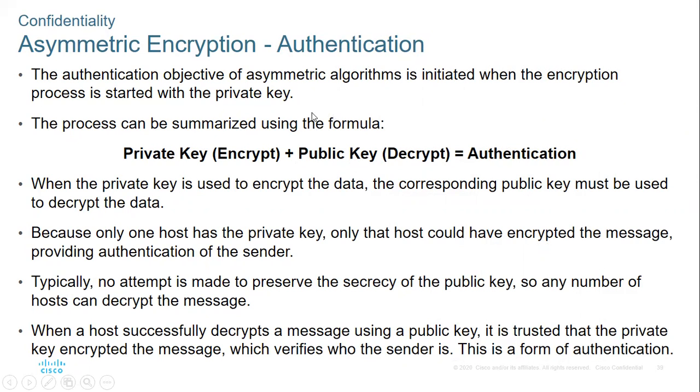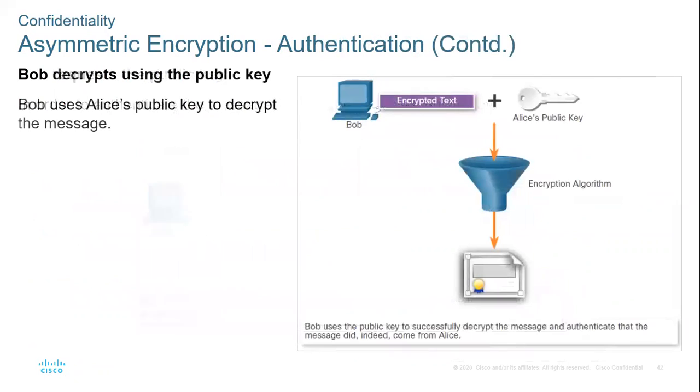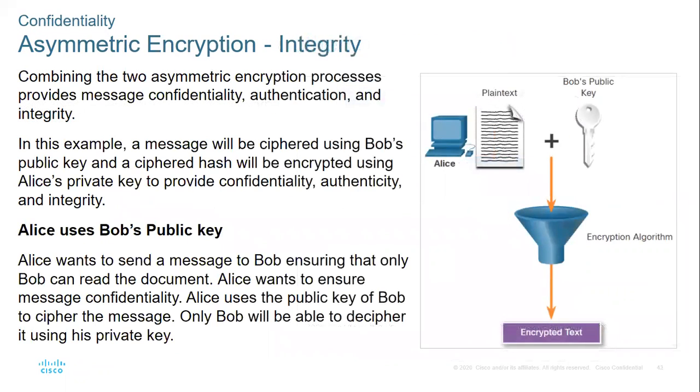So I'm going to decrypt that information with your public key. How do we achieve authentication here? We're going to achieve authentication because we know that it is only you having that key. I'm going to be definitely sure, okay, that that message came from you because it is only you having that particular private key, okay? So this is what is being explained here, what I've just explained, okay?